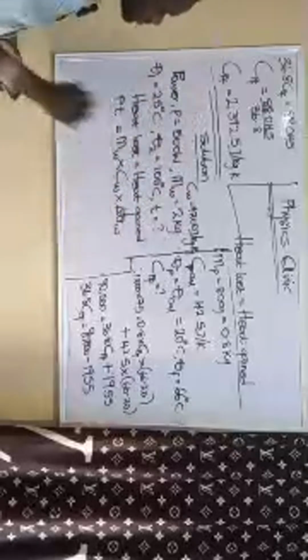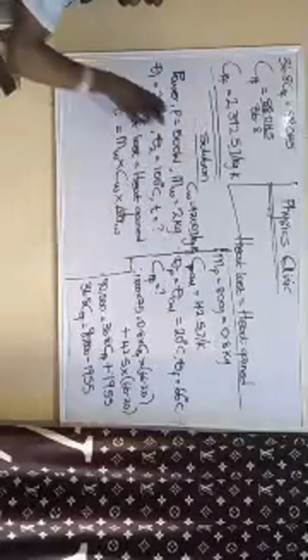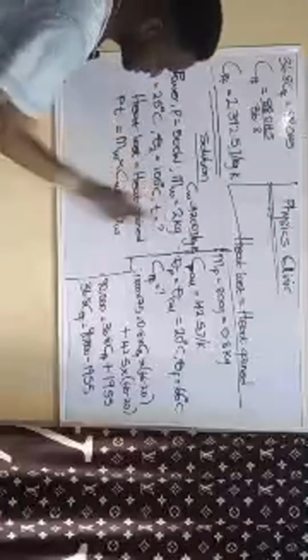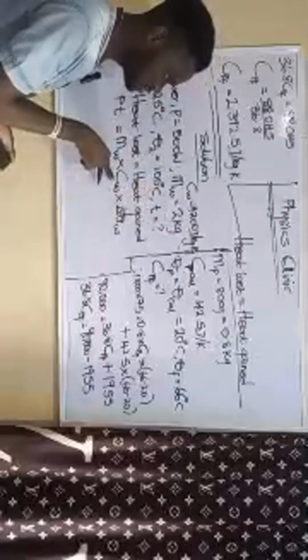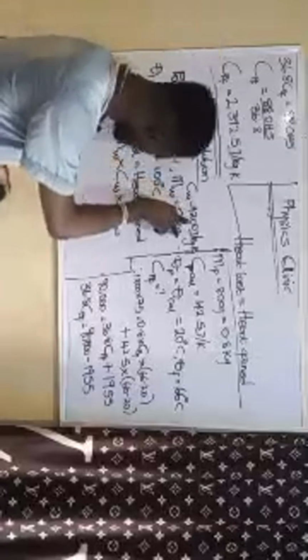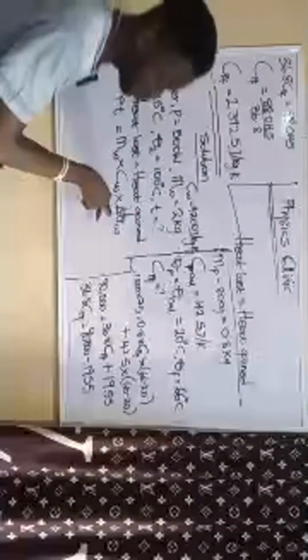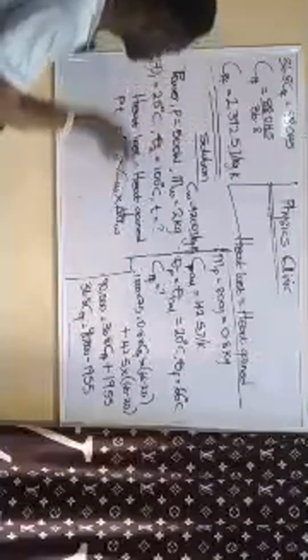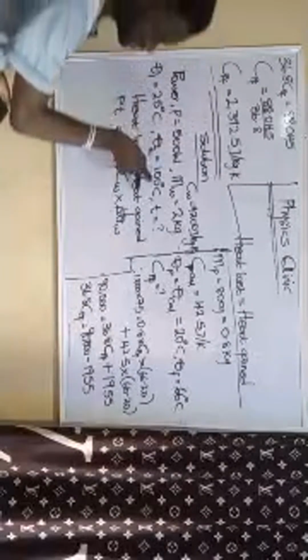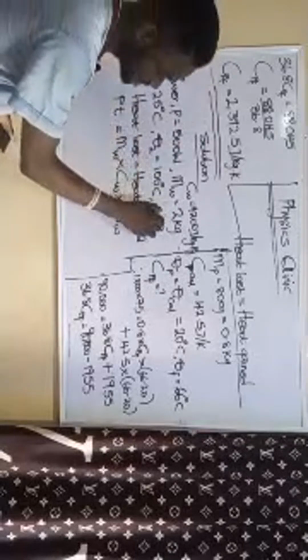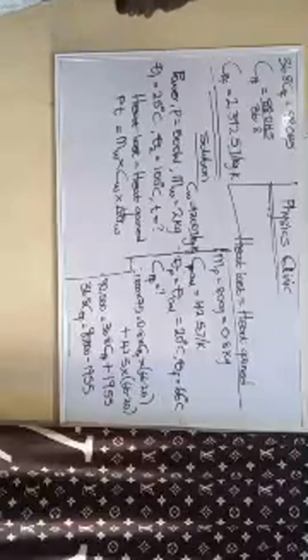So quickly, power was given, mass of water was given, specific heat capacity of water is a constant, it is known. Then the temperature change that the water undergoes was also stated from theta 1 to theta 2. So what am I looking for? I'm looking for the time. How long did the heater supply this amount of heat?